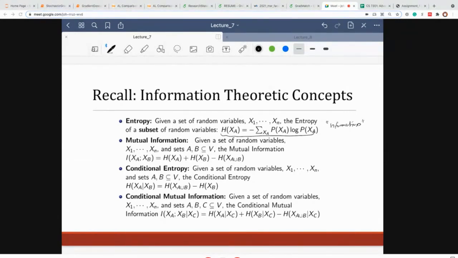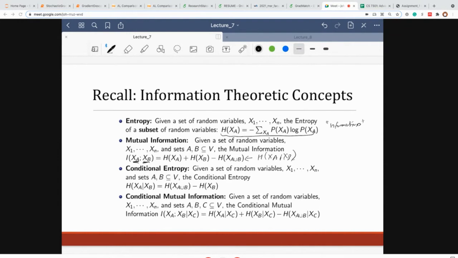Then we have the mutual information, which is the joint information between two sets, X of A and X of B. This is defined as H of X_A plus H of X_B minus H of X_{A union B}. Essentially, H of X_{A union B} is nothing but X_A and X_B, so you're taking the joint entropy between A and B.